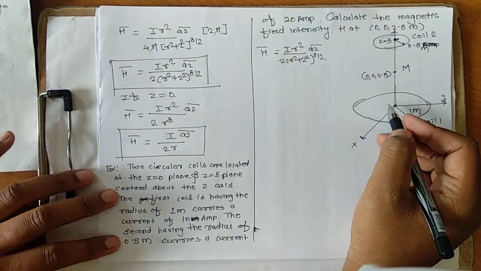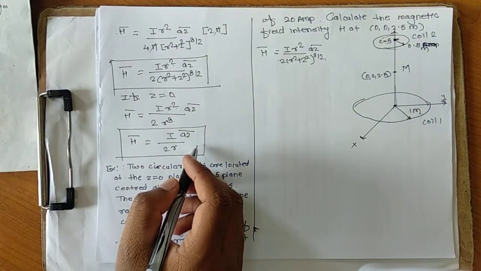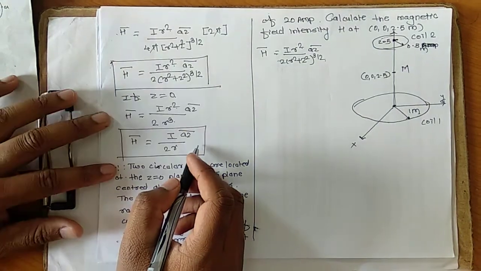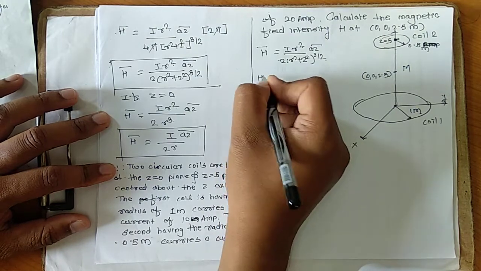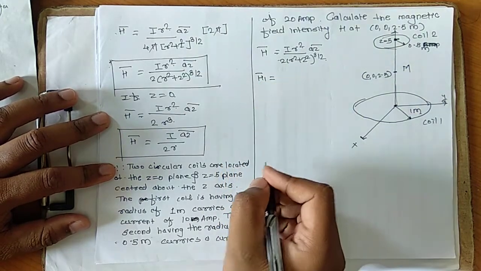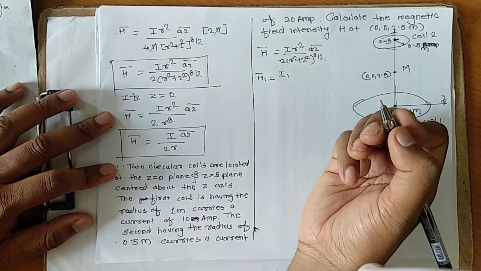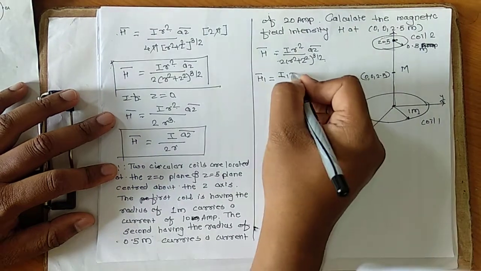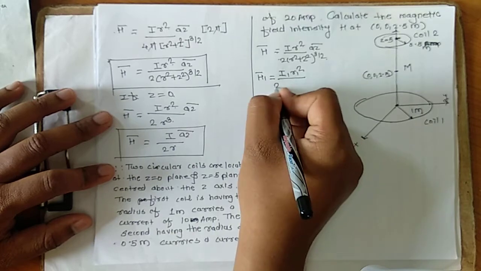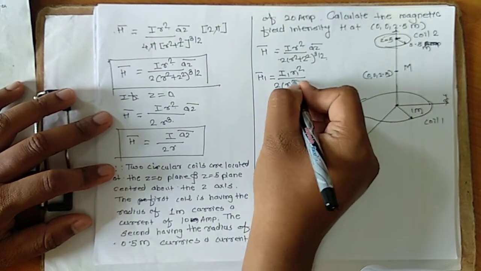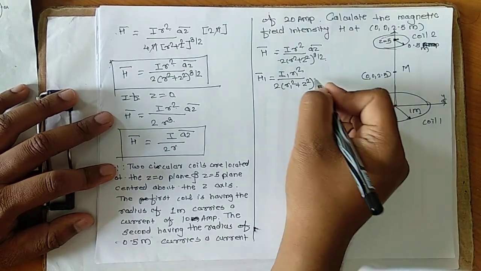So how to add that? We have to find out H1 and H2 first. So H1 bar is equal to I1 R1 square, that bigger loop, divided by 2 R1 square plus Z square raised to 3 by 2.